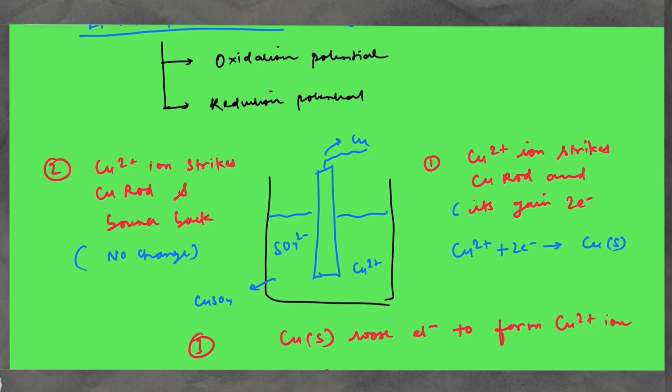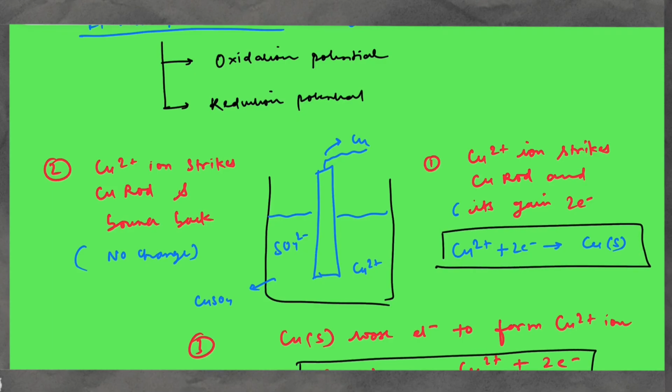Means copper will change to copper 2 plus and give 2 electron. So we have three possibilities which will be happening with the copper electrode or with the copper 2 plus ion.